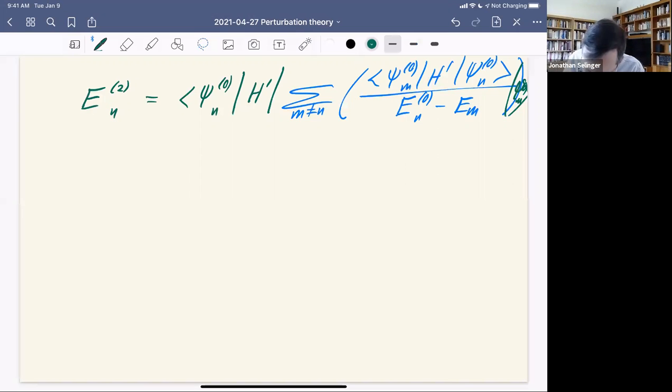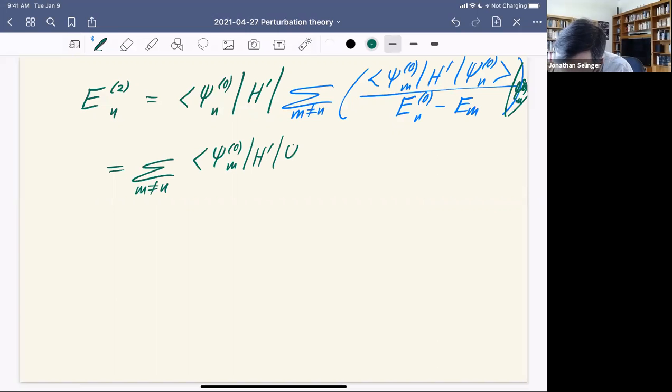Okay, so to simplify all of this, this is the sum over m not equal to n. In the numerator, we have psi 0m H prime psi 0n.